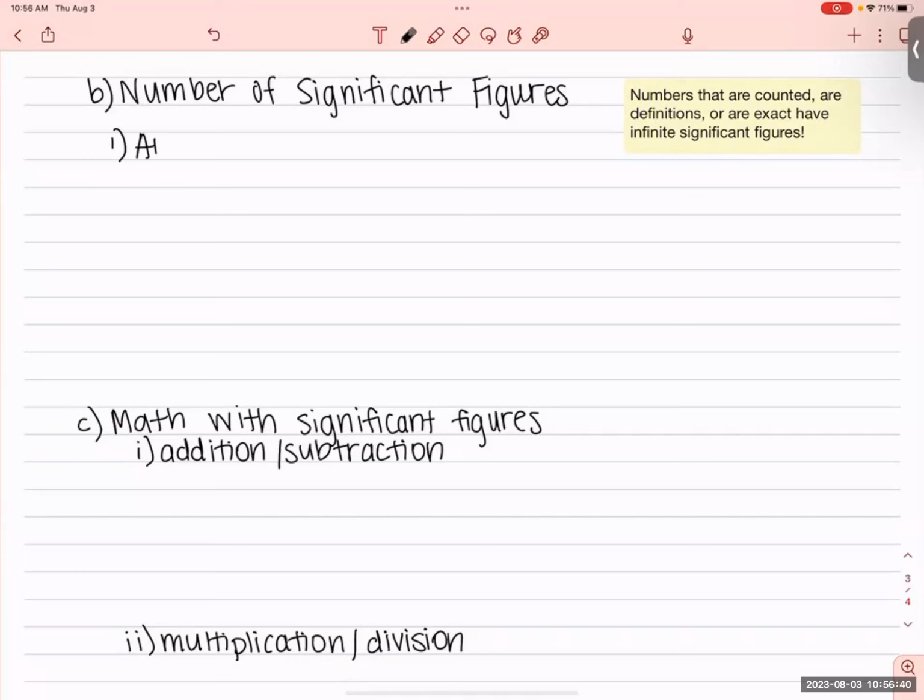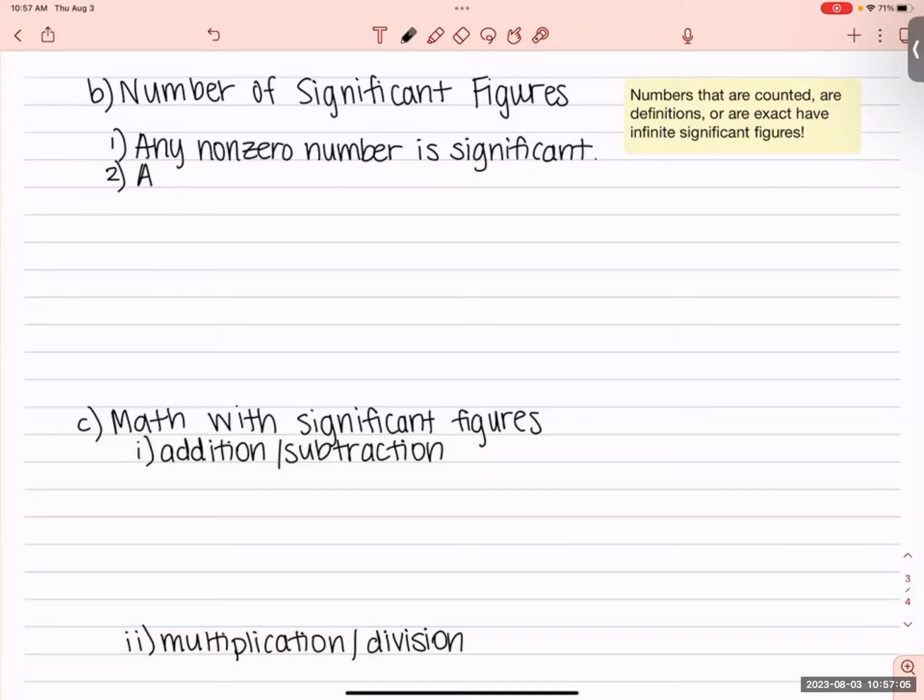So any non-zero number is significant. If you're writing down a non-zero number, that means you think that's significant. That number matters. It's either certain or my one uncertain number.